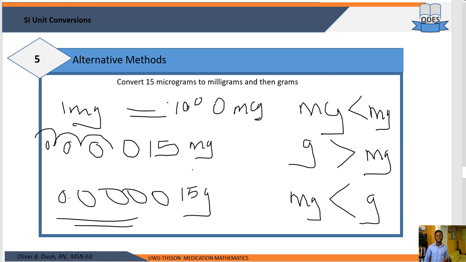So micro is a millionth. Remember the table I gave you. Micro is a millionth, which is 10 to the power negative 6. And anytime we are dealing with negative powers, we are dividing. So we divide 15 by 1 million. And this is the answer we are going to get.